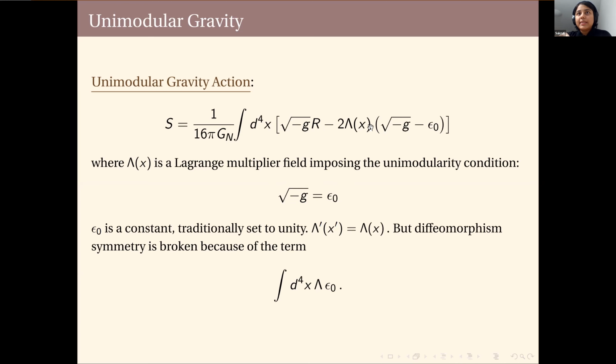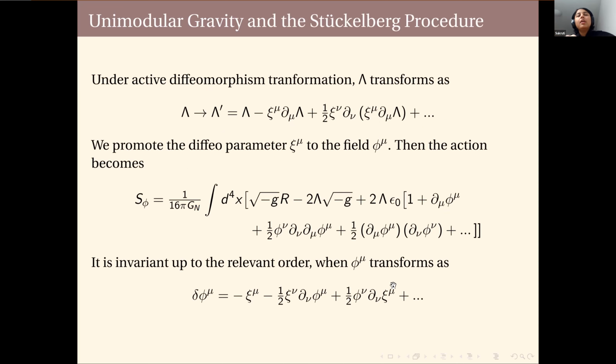Now this term, which is lambda times the Jacobian, is invariant under diffeos because lambda transforms as a scalar field, which is like this. But this term, which is lambda epsilon naught, breaks diffeomorphism symmetry. So we need to find a way to restore that symmetry. And for that, we use the Stückelberg procedure.